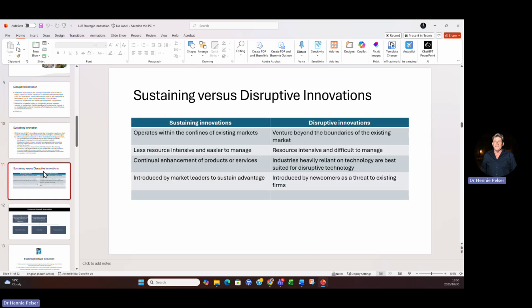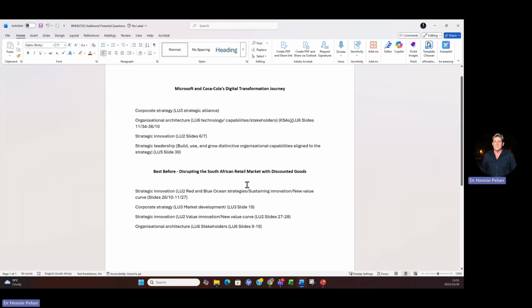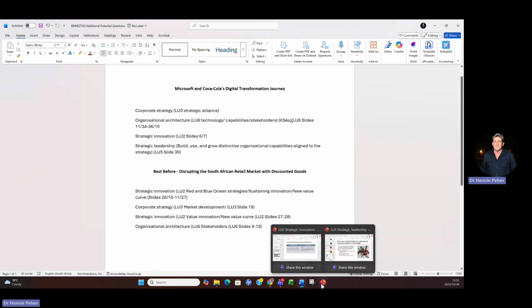It takes an existing idea and then, within that existing market, reformulates what it means to provide good value for money. The other one that I thought it could also be is the new value curve, and I have a strong suspicion it might be this, the new value curve. What slide is that? 11, 27.